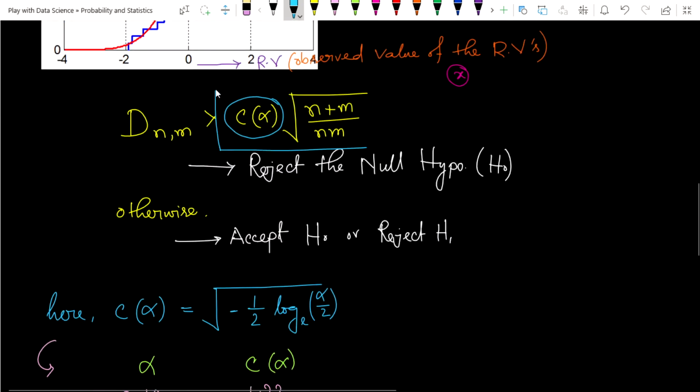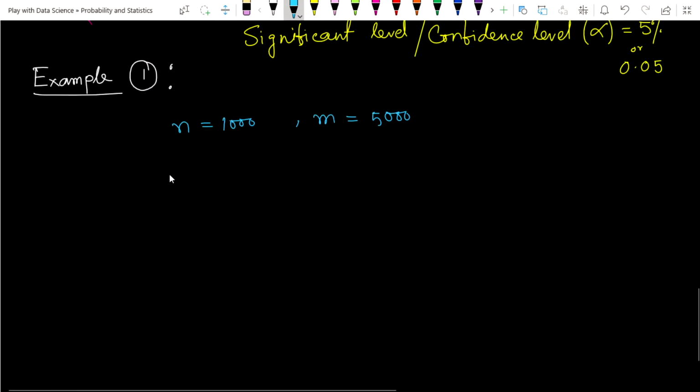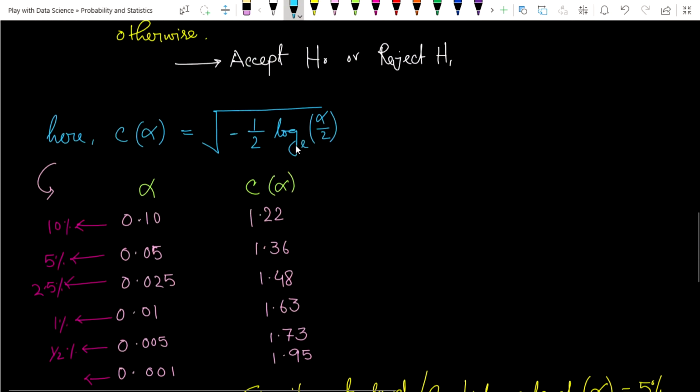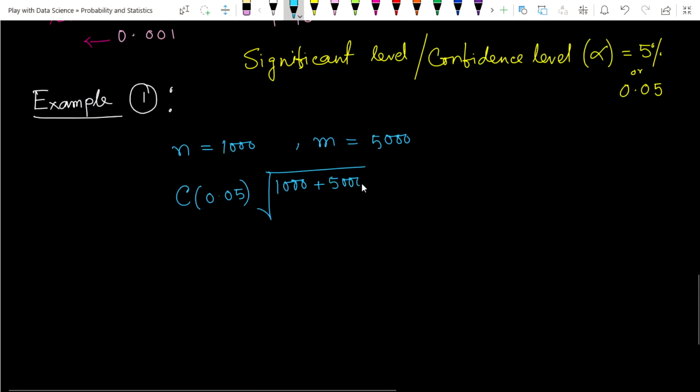Now if you put this into the formula, then this value will be C of alpha, with alpha equal to 0.05, times the root of (n plus m) divided by (n times m), which is 1000 plus 5000 divided by 1000 times 5000.